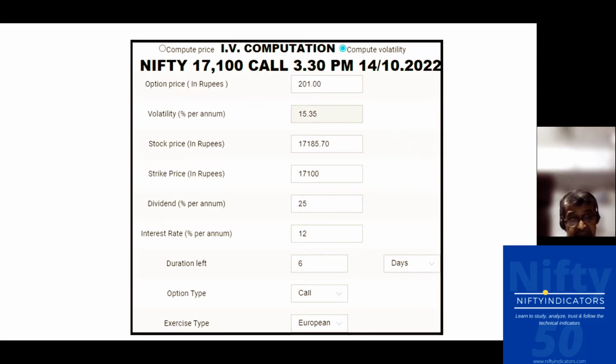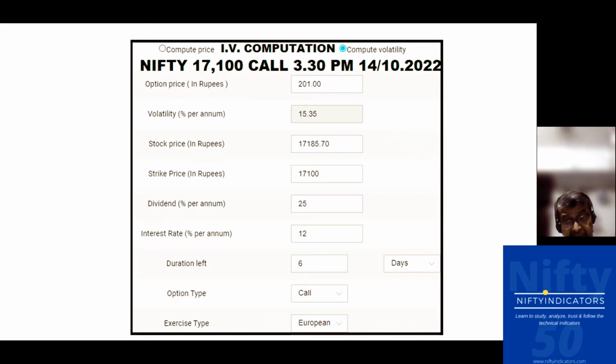Dividend percent per annum is normally 25%. Interest rate normally is taken as 12%. Duration left, that is the days left till expiry, it is next week's expiry, so 6 days left. Option type is call and exercise type is European. Of course, there are European and American types, and in Indian markets we use the European type.